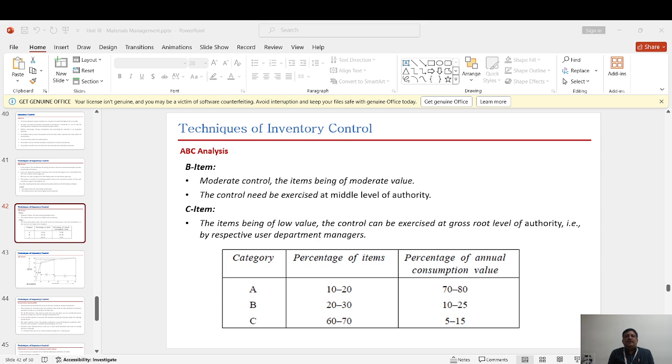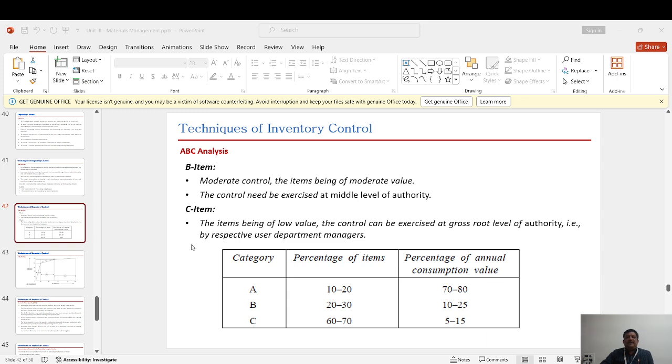Total inventory carrying cost is equal to average inventory into inventory carrying cost per unit. So total inventory carrying cost is Q divided by 2 into C1, and since C1 is C into L, it is Q into C into L divided by 2.